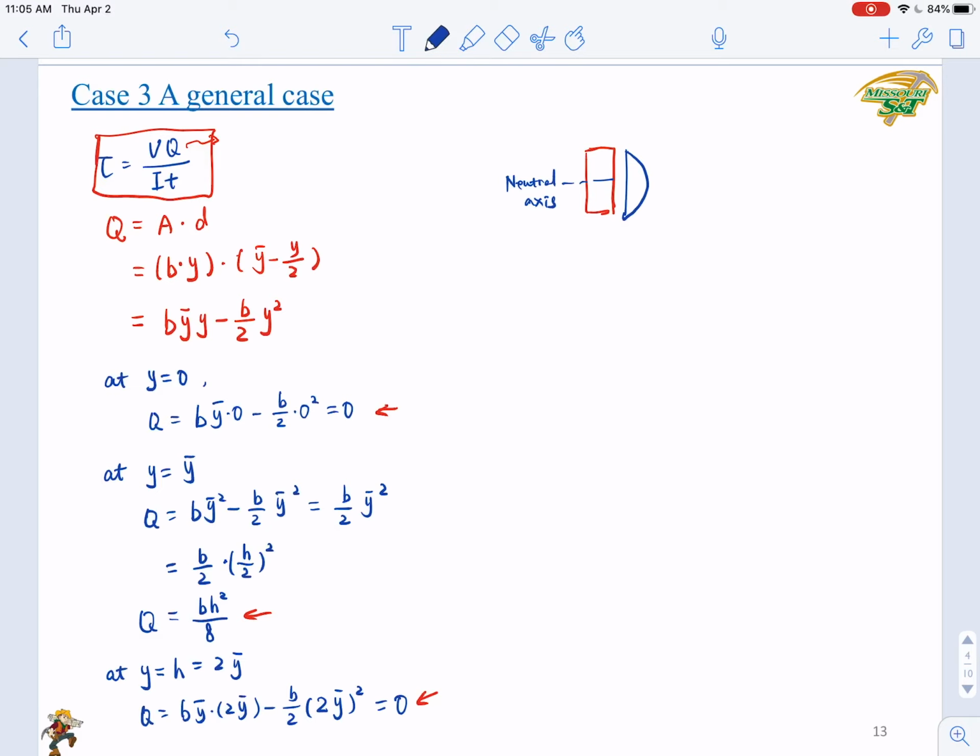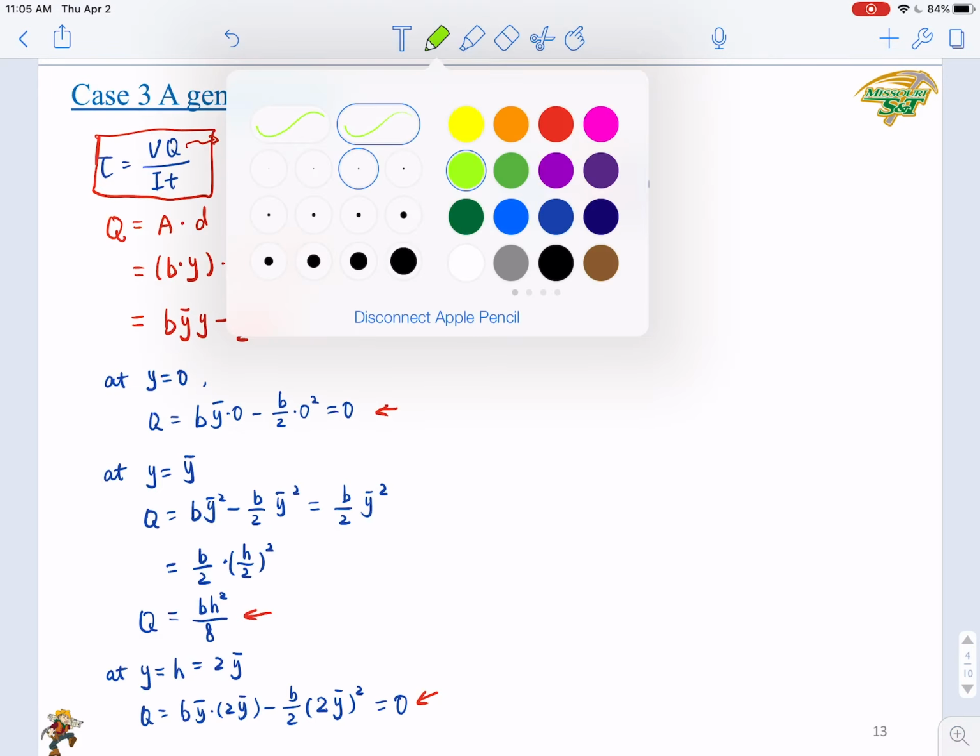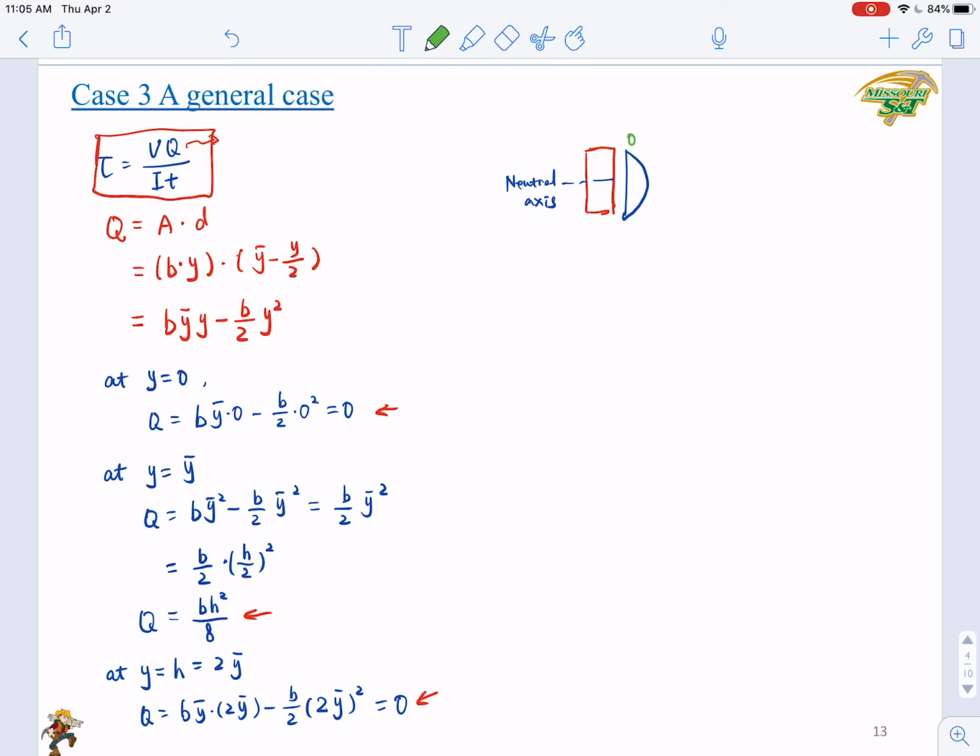Right. So it's 0 on the top, 0 at the bottom, and it reaches its maximum value in the middle, where the Q equals, this is tau max, where Q equals BH square over 8. Okay.